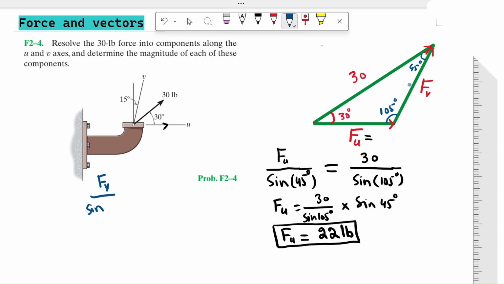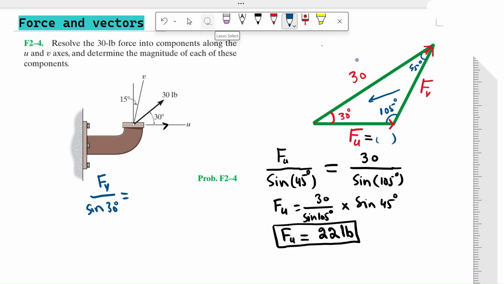So we have this force and its opposite angle is this 30 degrees, equal to any force. We have this force and we have this force. So it is up to you which force you take.